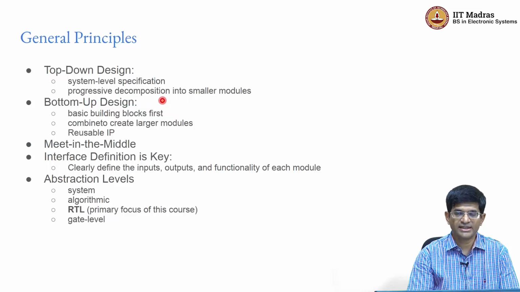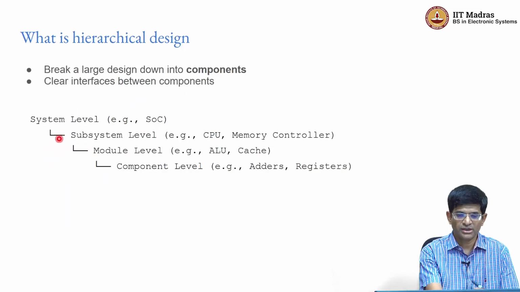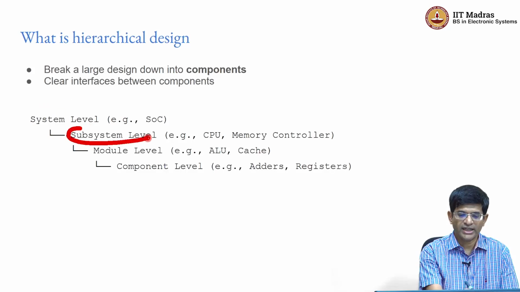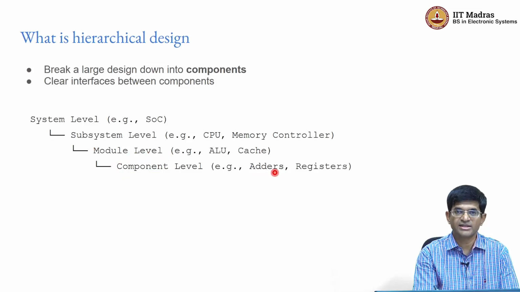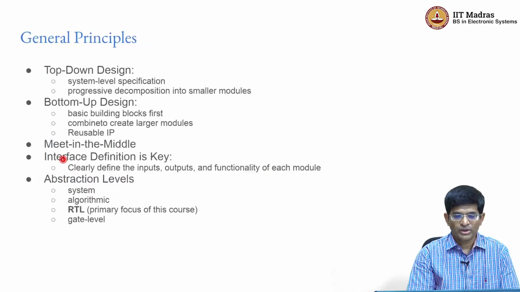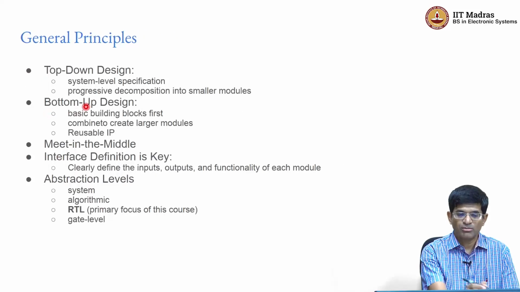The design that I talked about earlier for the CPU essentially started out with a system level specification and then said, okay, I need these subsystems in order to build that system. In order to build the CPU subsystem, I need these modules. In order to build the ALU module, I need some components such as adders and so on. So this is a top-down description, right. Now equally well, we could also have thought of it as bottom-up.